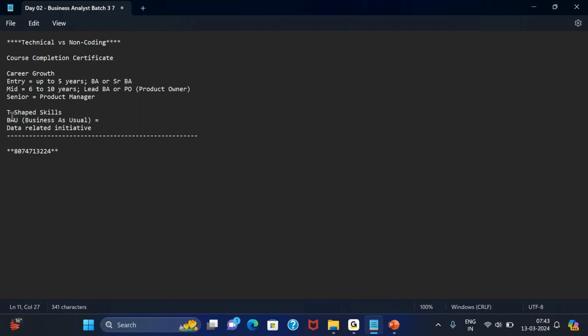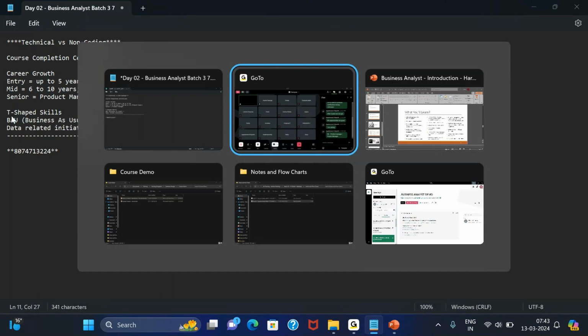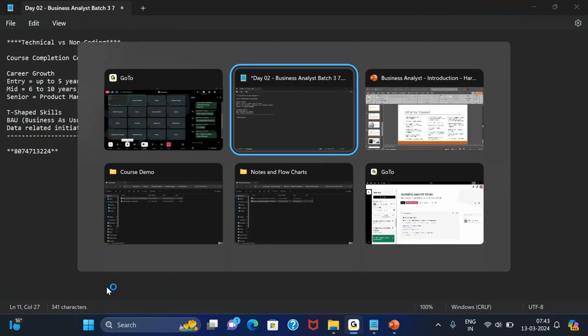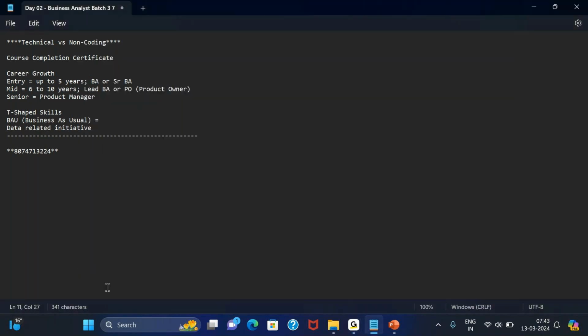A customer comes to you and wants to open a bank account. So there will be some software wherein you can enter customer details, and you can attach the documents that the customer is sharing.